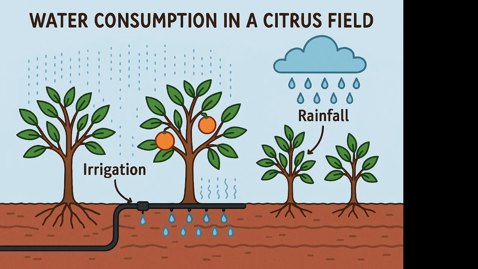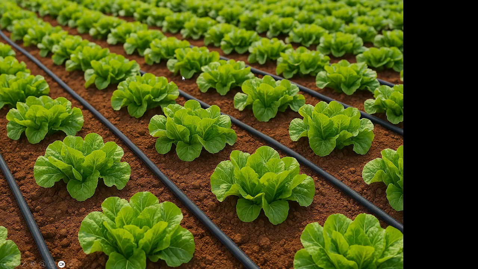So this is the combination of different factors that come into play and determine how much water we need to supply. We have the humidity, rainfall, temperature, and so on and so forth.